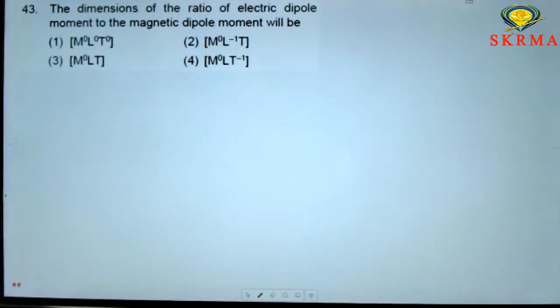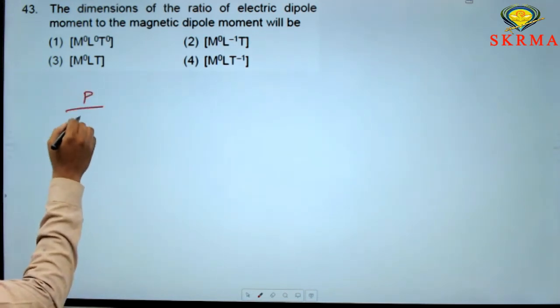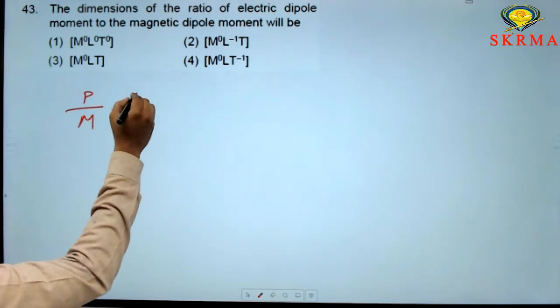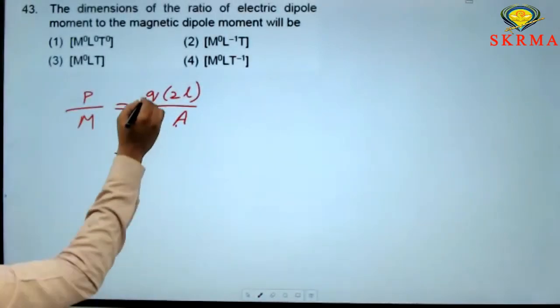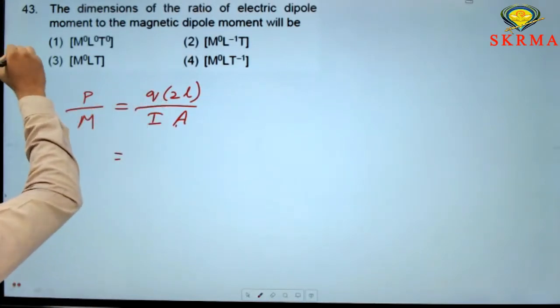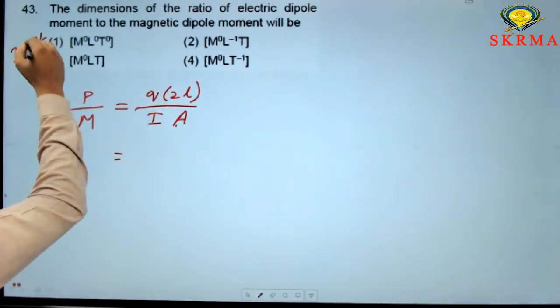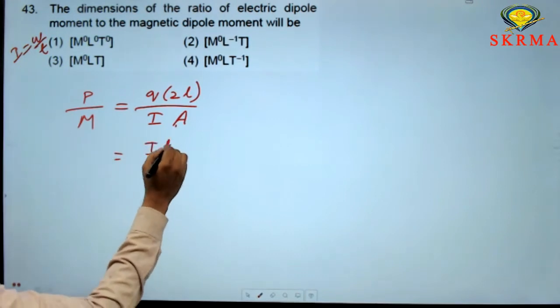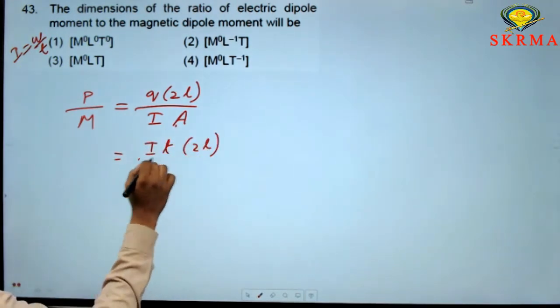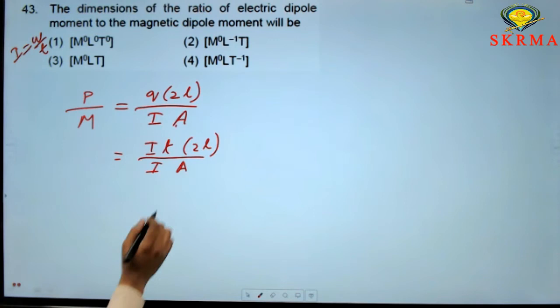Next, dimensions of the ratio of electric dipole moment to the magnetic dipole moment. Electric dipole moment formula Q into 2L. Magnetic dipole moment I into area, current into area. For charge, current I equal to Q by T, so Q can be written as I into T. I into T into length by I into area.